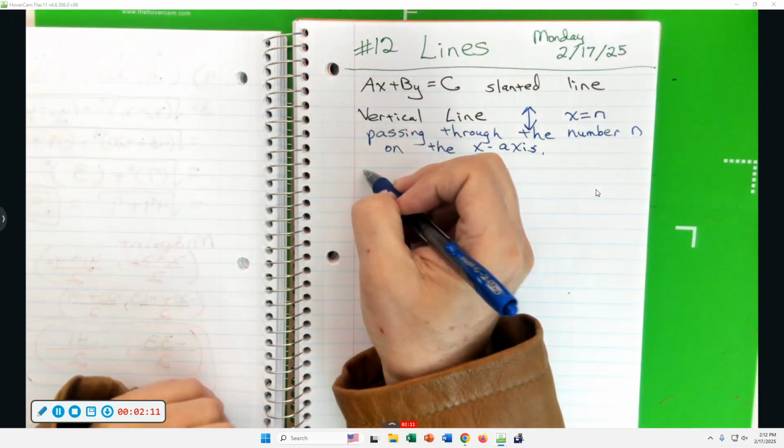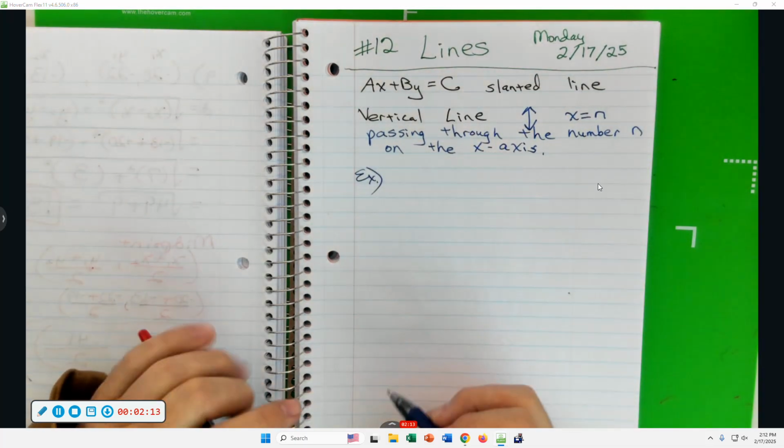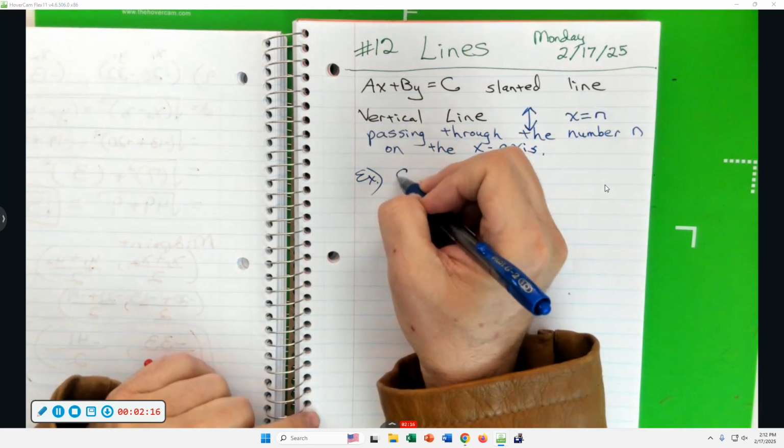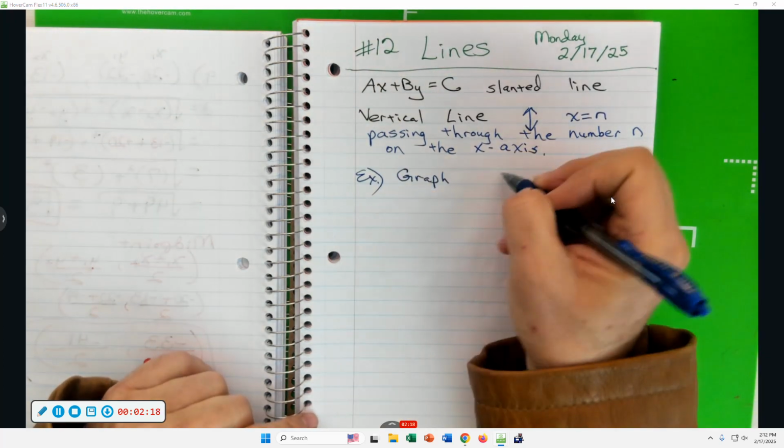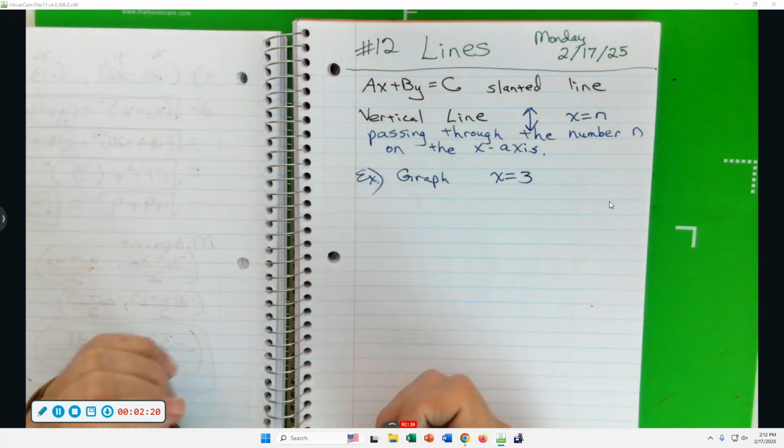For example, suppose you wanted to graph the line x equals 3.